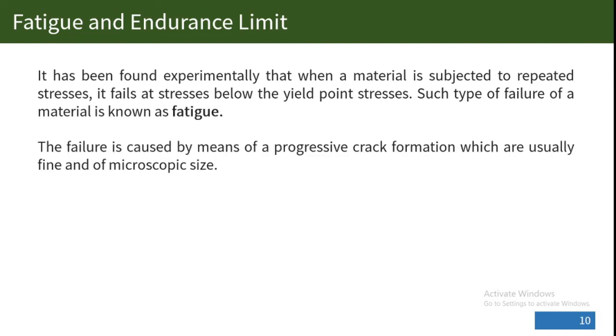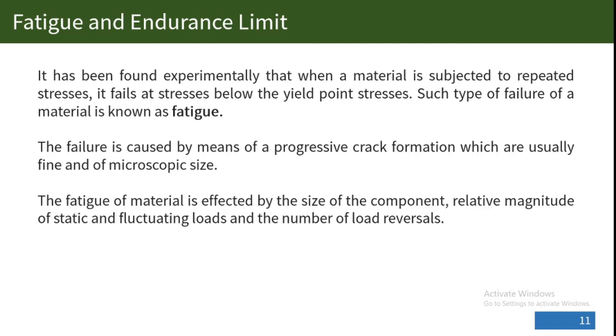So this failure is caused by a progressive crack formation, which is usually fine and of microscopic size. The failure may occur even without any prior indication, and the fatigue of materials is affected by the size of the component, relative magnitude of static and fluctuating loads, and the number of load reversals.